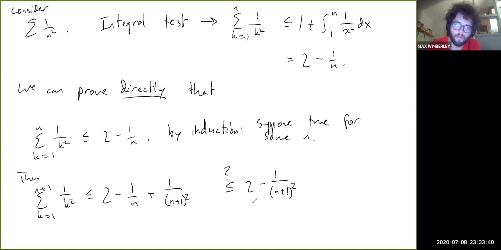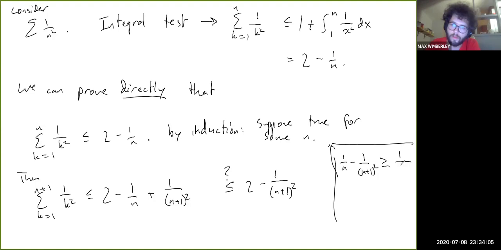So the question of whether this is less than or equal to this is equivalent to the question, and this is kind of like side work also, of whether this thing that's being subtracted here, which is 1 over n minus 1 over n plus 1 squared, is bigger than or equal to 1 over n plus 1 squared.